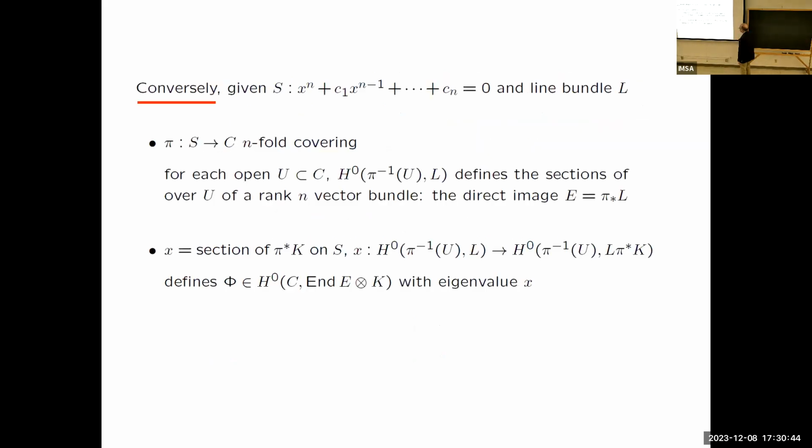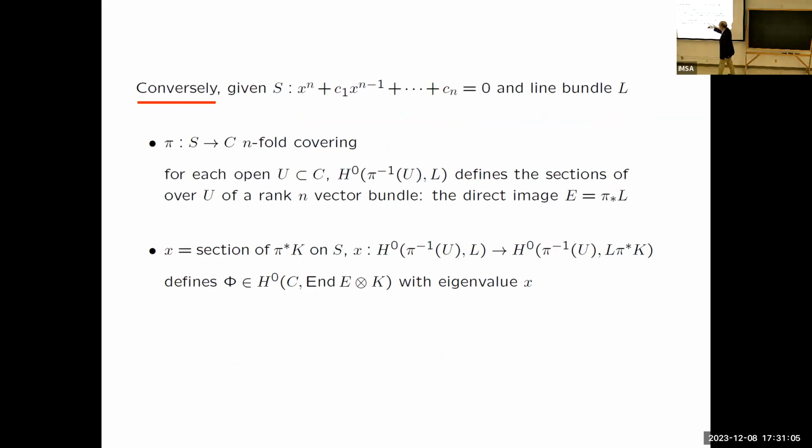And more importantly, you can do it conversely. If you start with a curve S, let's say it's a smooth curve to begin with, and a line bundle L on it, then there's a way of constructing a Higgs bundle on C itself. You take the direct image sheaf of the line bundle.